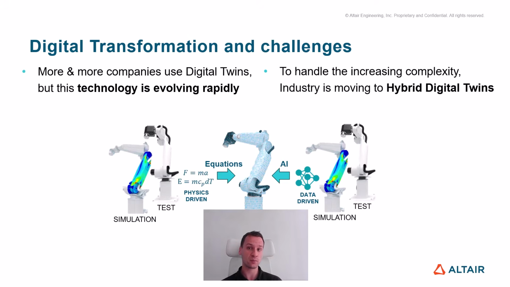We see more and more the need to efficiently integrate data coming from the simulation world, so CAE data, and data coming from the field, so from real world measurements. You need to be able to integrate those two in order to create an efficient digital twin model. And this is what we call a hybrid digital twin.